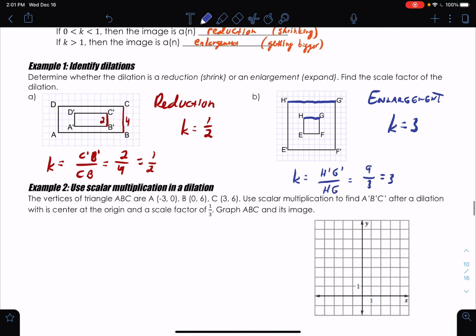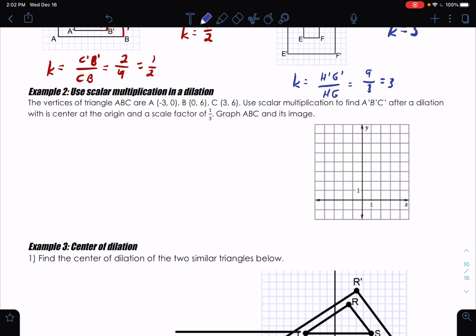In example 2, the vertices of triangle ABC are given. So let me plot these real quick. You do the same. B is at 0, 6. C is at 3, 6.